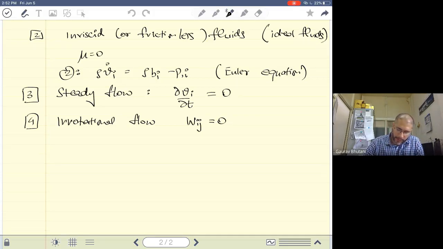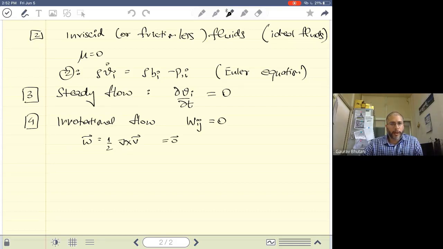So the vorticity vector, which we defined as half of the curl of velocity. Okay, this has been discussed previously. So if your flow is irrotational, that is W is zero, that means omega is also zero. That means the curl of velocity is also zero.